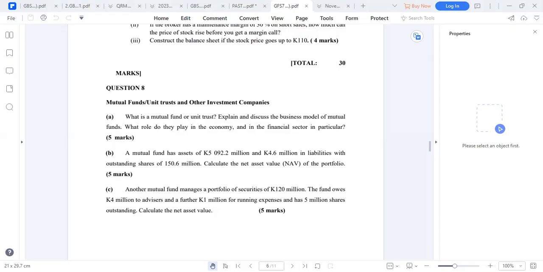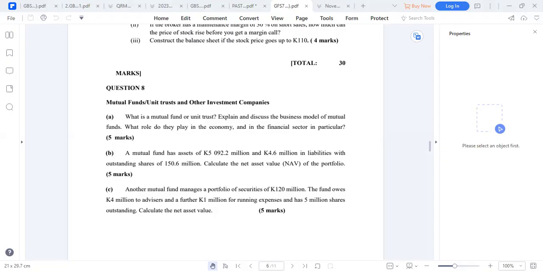So what does this net asset value seek to calculate? What is it all about? The net asset value of a portfolio is actually the value of the portfolio minus its liability. It's expressed as the share.